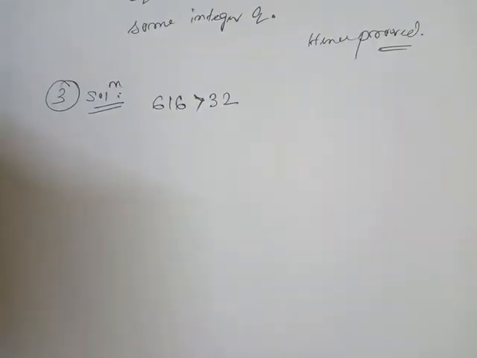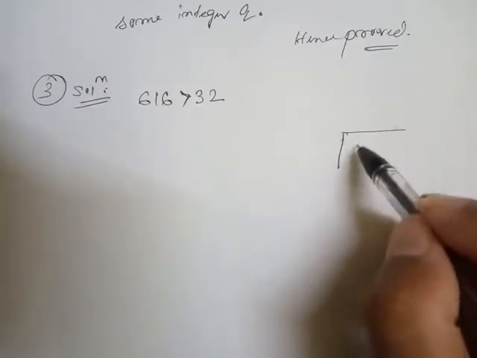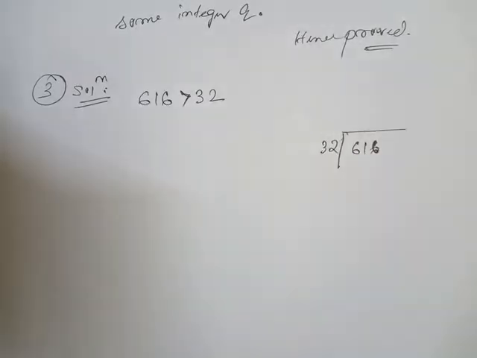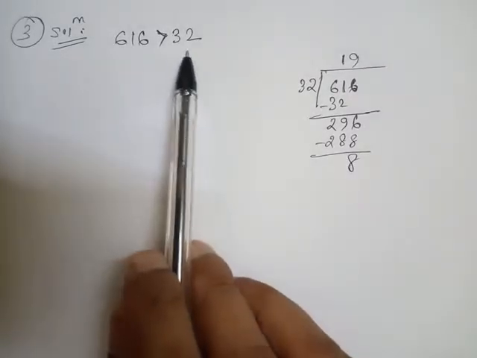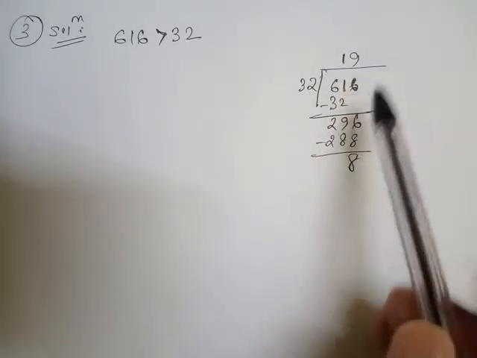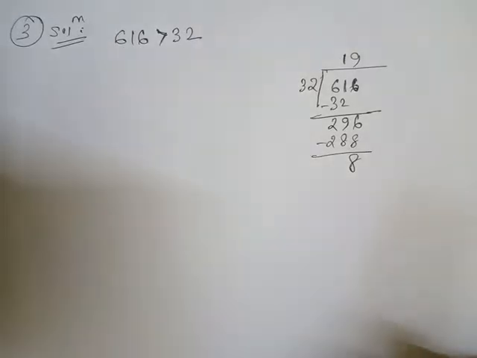We'll go for the Euclid's division algorithm here. First of all, I'm just going to show you here 616 divided by 32. Now student, look here that 616 is bigger than 32, we'll go for the Euclid's division algorithm, and after division this one will get 19 as quotient and 8 as the remainder.